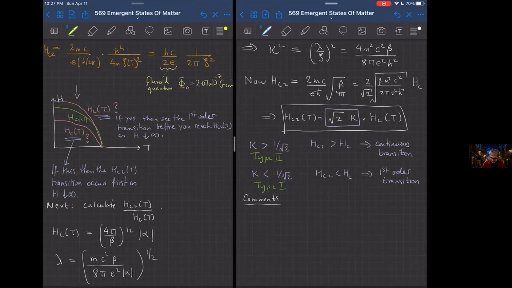Okay, so all that I've done so far is show you where the transition occurs. We haven't yet discussed what happens when you're below the transition. So far, we worked only with the linearized equations.